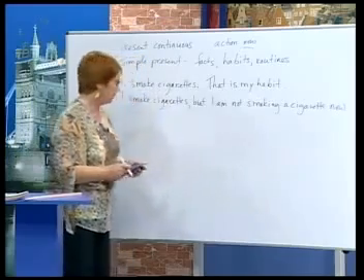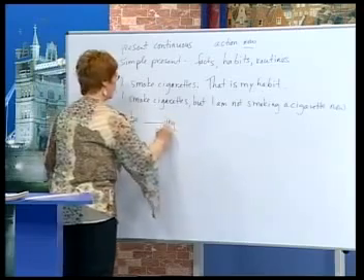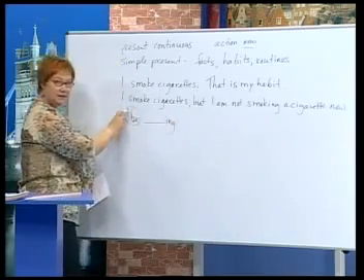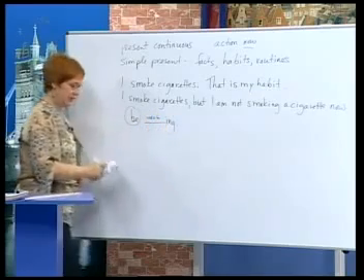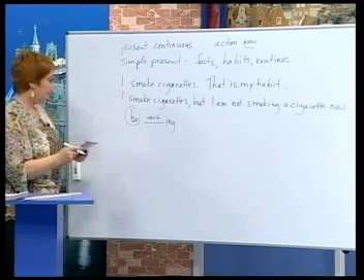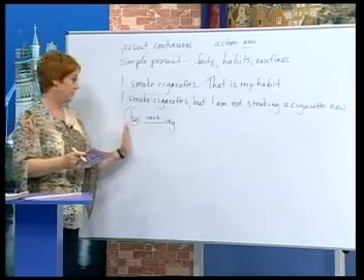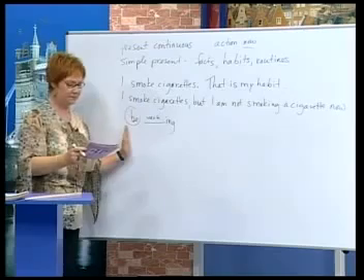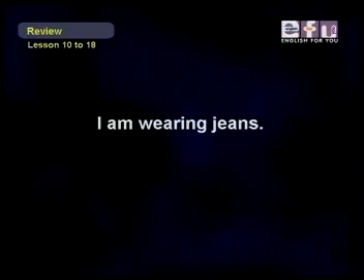Okay? And remember, the formula is be plus ing. So am, is, are, and the verb with ing on the end. Okay, now this one changes, this one doesn't change. So this is the one that does the work. And so, for example, I am wearing jeans.